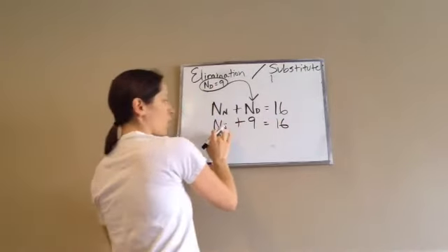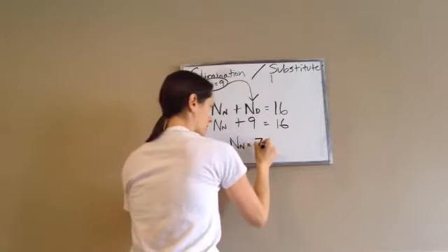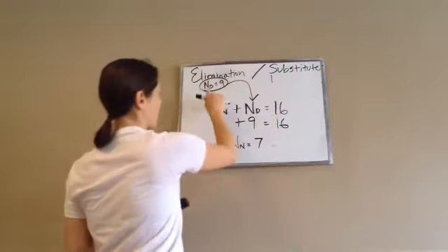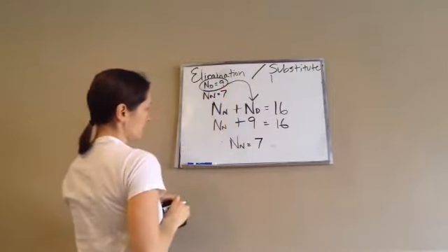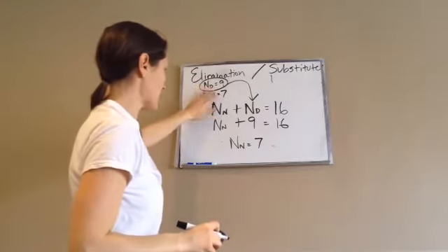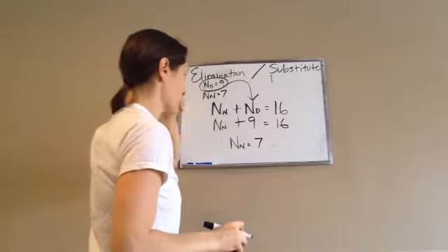Now it asks, what plus 9 equals 16? And we know that nN is 7. Okay? So 7 plus 9 equals 16. So we know that nD is 9 and nN is 7. Okay? Don't get confused at double letters. That's just called a subscript. This little letter right here is called a subscript. Okay?